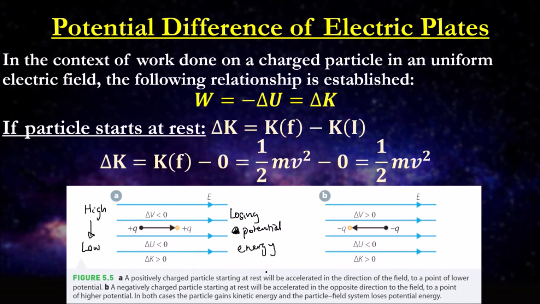Okay, so that's what we have here. Obviously, if we have a negative charge that's moving in the opposite direction, it's also the same idea. We're losing potential energy in that case as well.